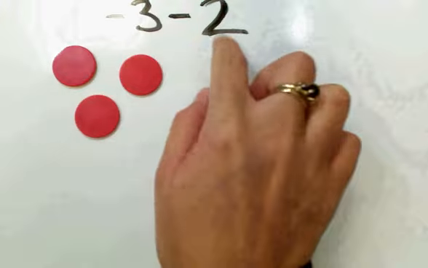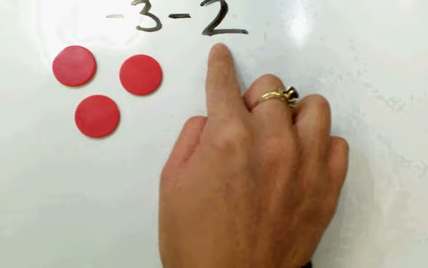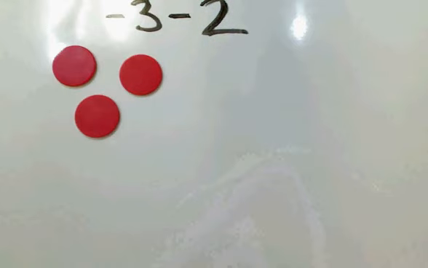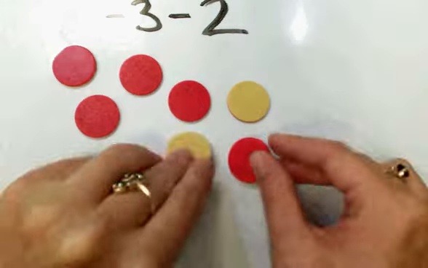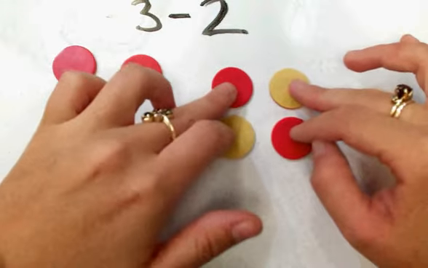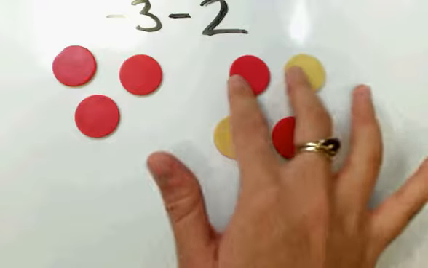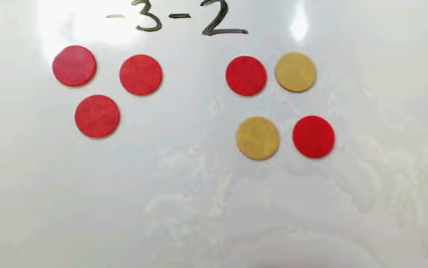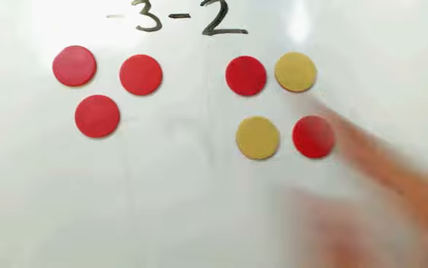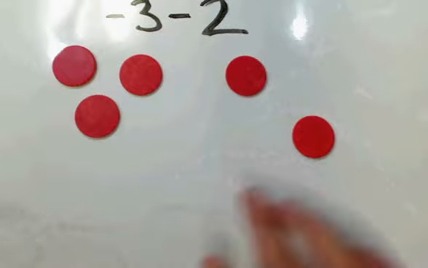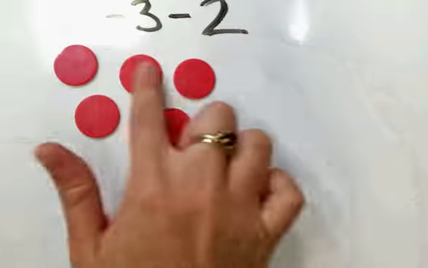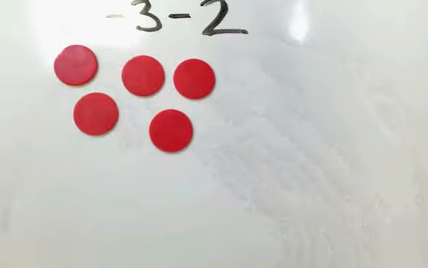Well, I don't have 2 positives to take away, so I can add zero pairs. So here's the 2 zero pairs that I added, right? There's a pair and there's a pair. So now I can take away 2 positives, 1, 2, and I can see that the result is 1, 2, 3, 4, negative 5.